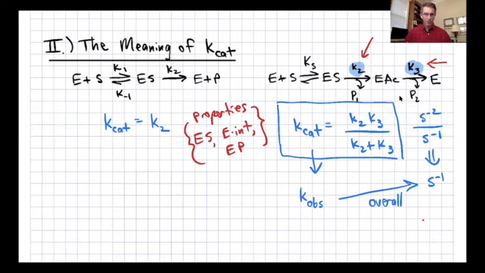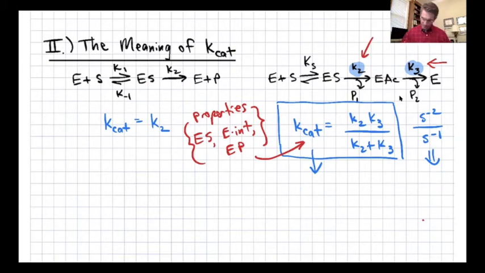And under steady state assumptions, they will always generate an expression for kcat that is a function of the underlying unimolecular rate constants, right?